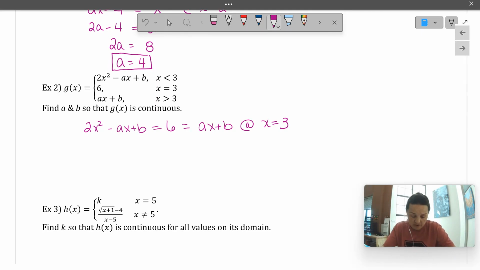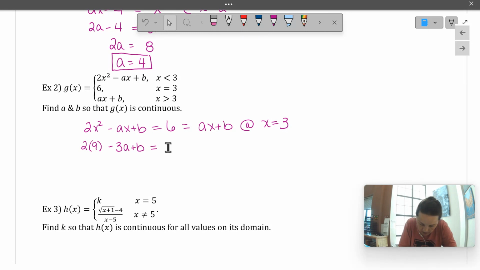Let's just deal with 2 things at a time, shall we? So let's see, at x equals 3, that's going to be 2 times 9 minus 3a plus b. That needs to equal 6. And at x equals 3, 3a plus b needs to also equal 6.